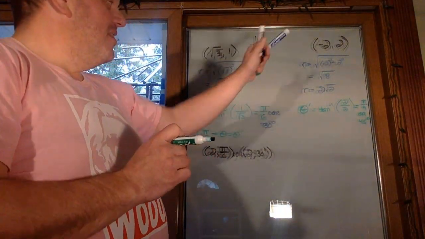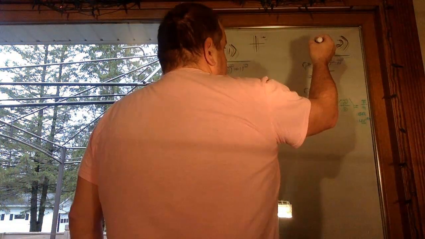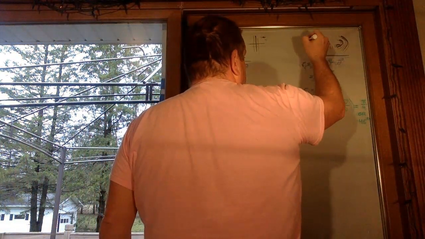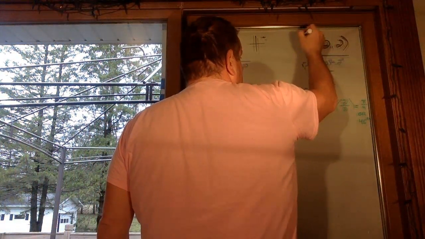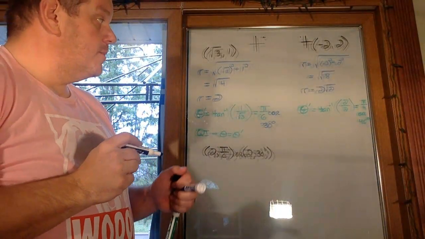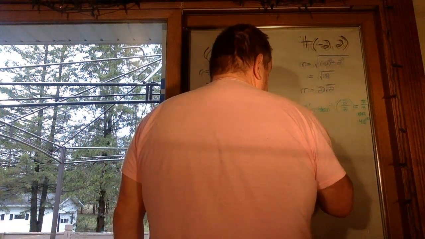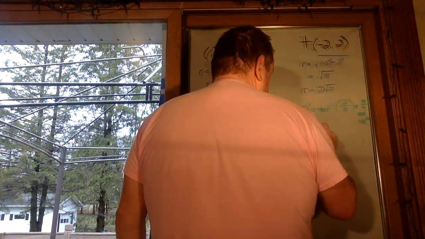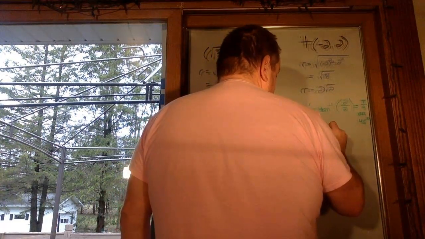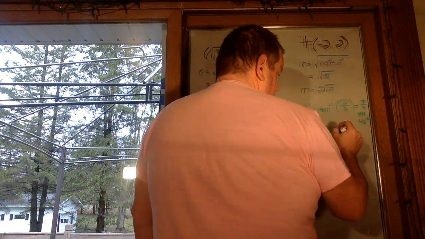Okay. So then that point is in quadrant number 2. Negative 2, positive 2 is up there in quadrant number 2. Okay. So that means that my reference angle is 45 degrees or pi over 4.